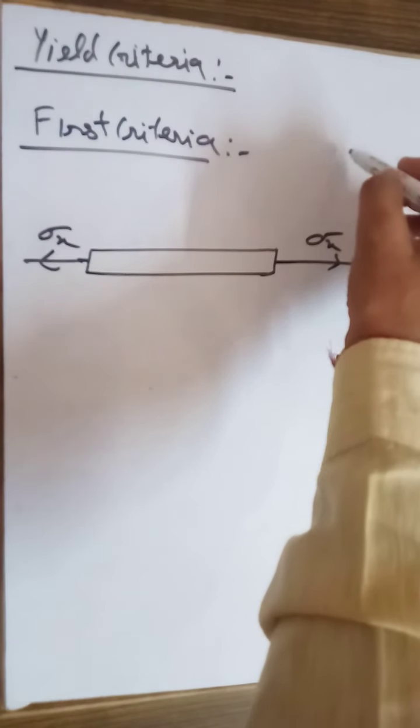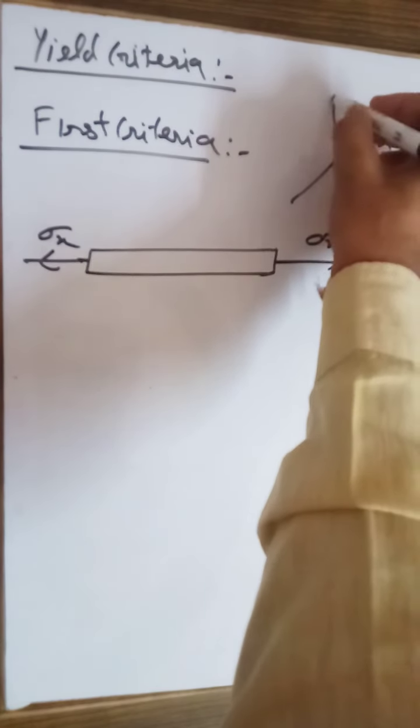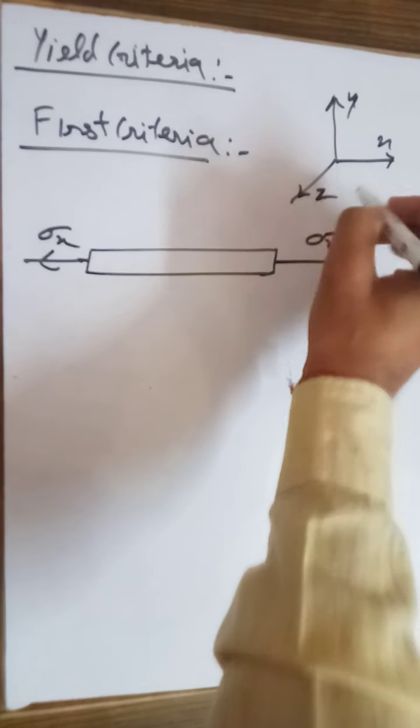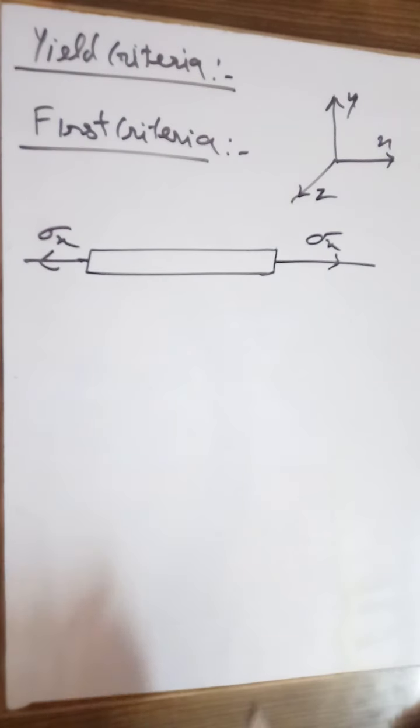In three dimensions, if this is our x, this is y, and this is z, we may also map these x, y and z axes.